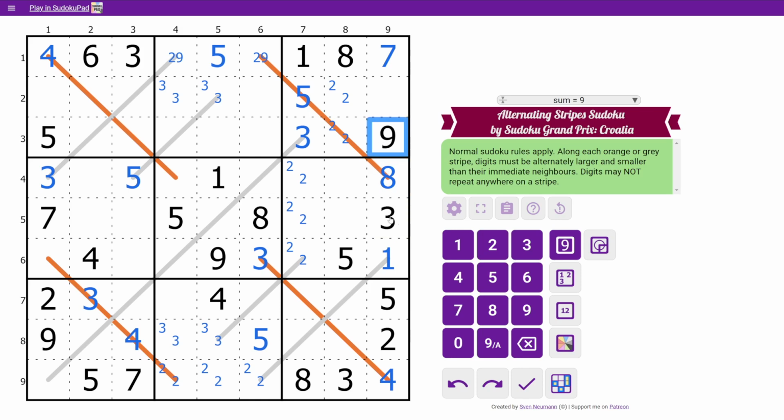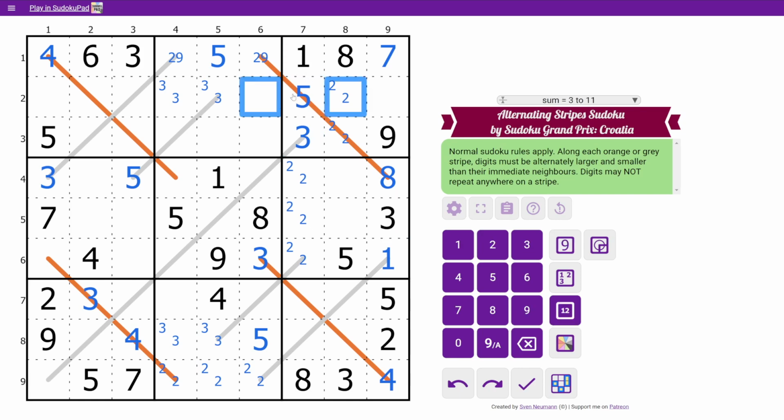So I mean, now I'm back to thinking it probably isn't right, because this is alternately larger and smaller than their immediate neighbor. So these 2 are smaller, so maybe these 2 are larger, which would have to be a 6 here. Maybe that's what it is.